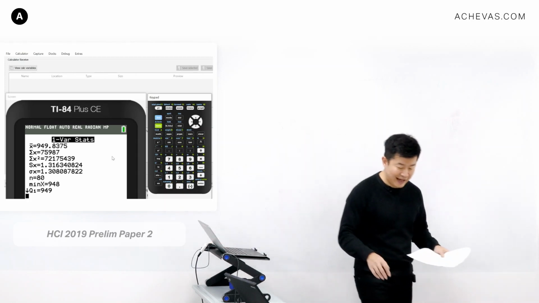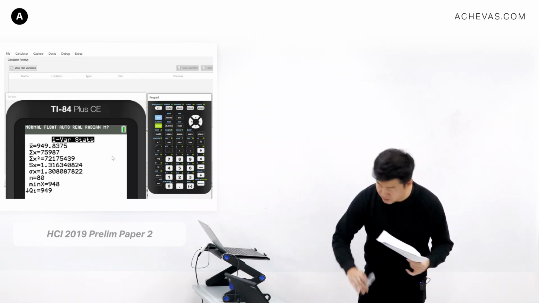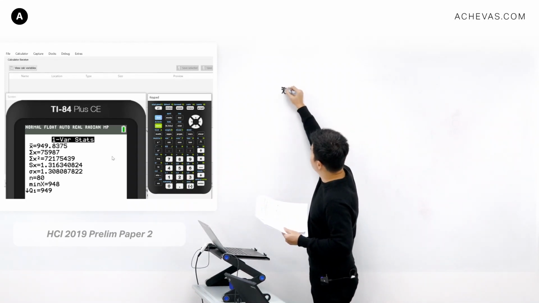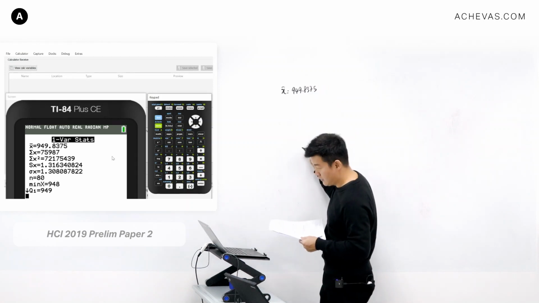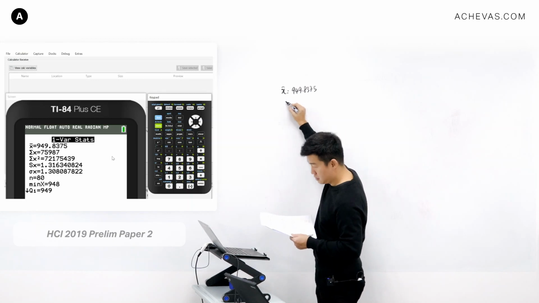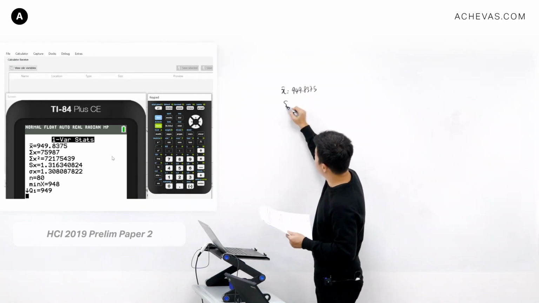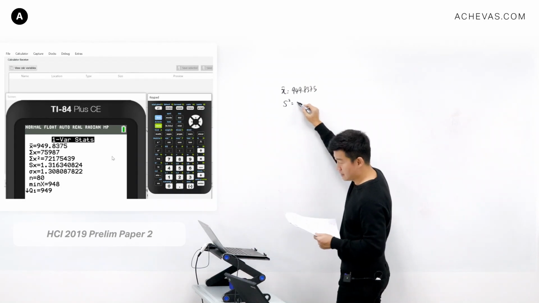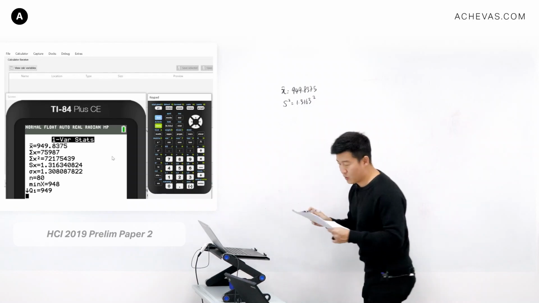So here we will then get our X bar, and X bar is equal to 949.8375, and we will also be extracting out our unbiased estimate of the population variance. This is equal to 1.3163 square.